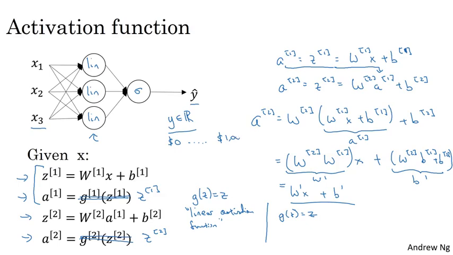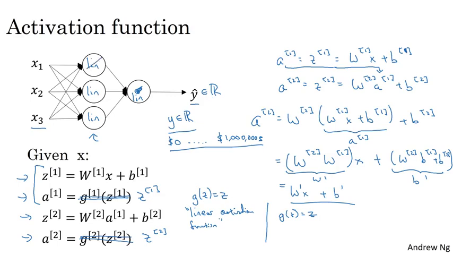So however much houses cost in your data set. But if y takes on these real values, then it might be okay to have a linear activation function here so that your output y hat is also a real number going anywhere from minus infinity to plus infinity.